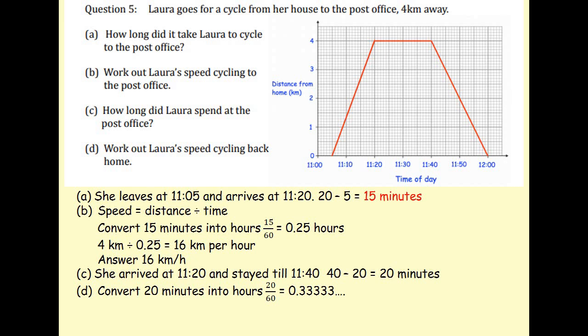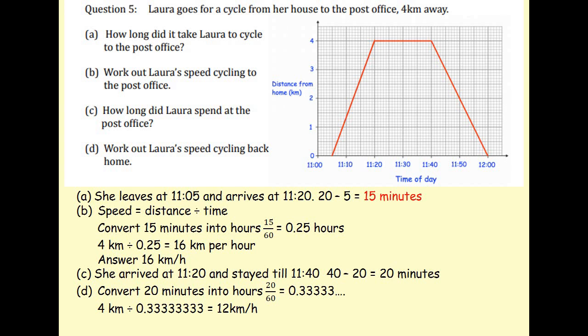So our 20 minutes is converted into hours by doing 20 divided by 60, which gives you 0.3 recurring. We then put that into distance divided by time. So 4 kilometres divided by 0.3 recurring will give us 12 kilometres per hour.